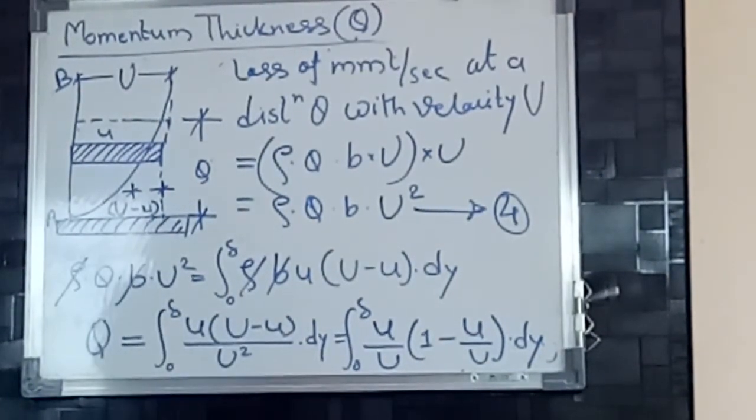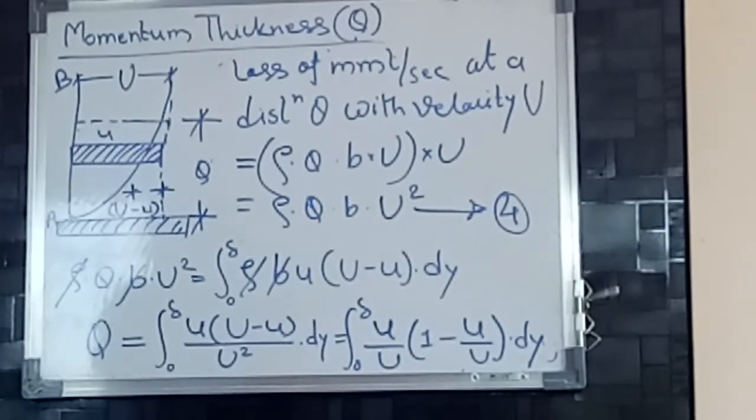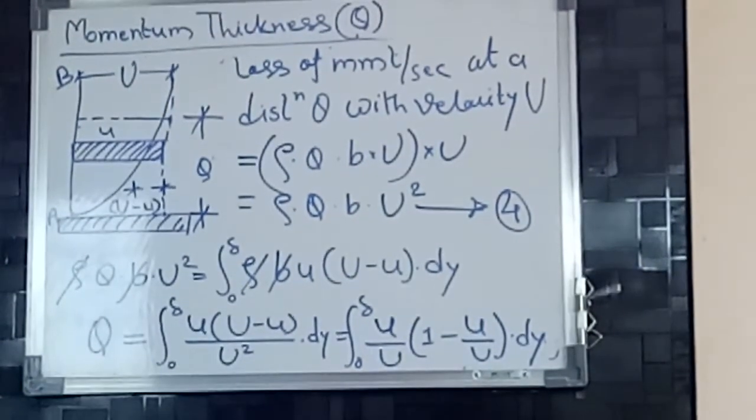We'll prove that. Okay. Now next is energy thickness. What is meant by energy thickness? Before that, one shape factor is there that is related to displacement. So I will tell you what is meant by shape factor. The ratio of displacement thickness to momentum thickness is called the shape factor.